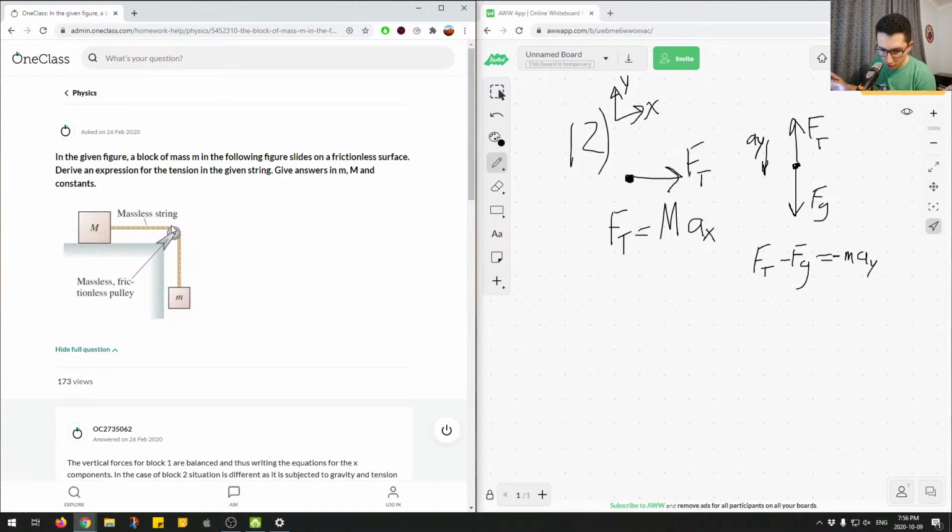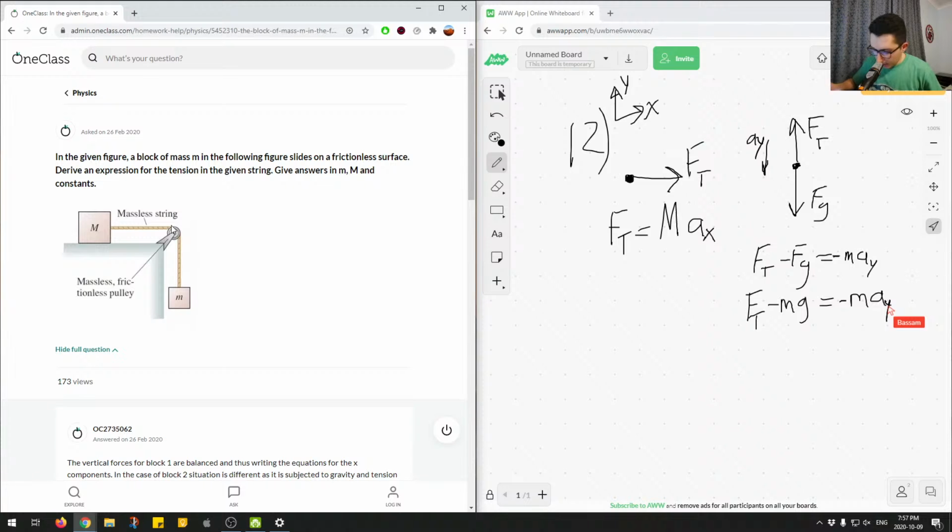So now we have two equations here. We can go further to say that Ft minus mass times the acceleration due to gravity, which is just represented by the variable g, which is 9.8 meters per second squared, is equal to negative a. So here I have ay.